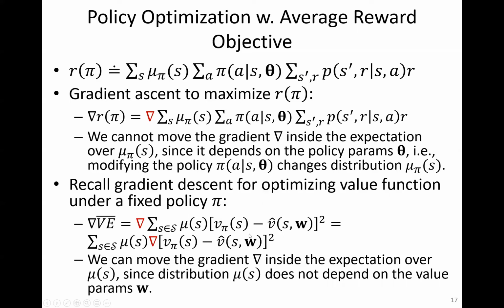So you're optimizing the v hat function, and that's a function of w, but mu, the distribution of state, is based on the fixed policy pi. So it's not dependent on the value function parameter w. But for the policy optimization, this mu pi is dependent on the policy pi.